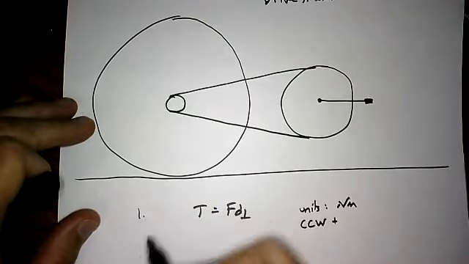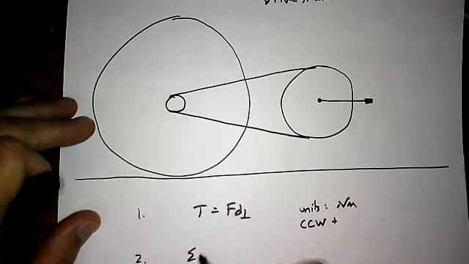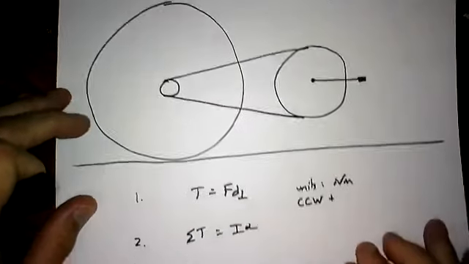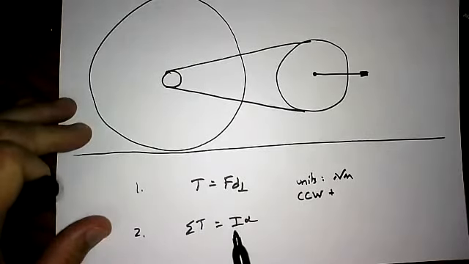Equation number two is sum of torques equals I alpha. Make sure you know these parameters. That's moment of inertia, which is the tendency to resist change in rotational motion. And that has an equation, I equals sum of m r squared.